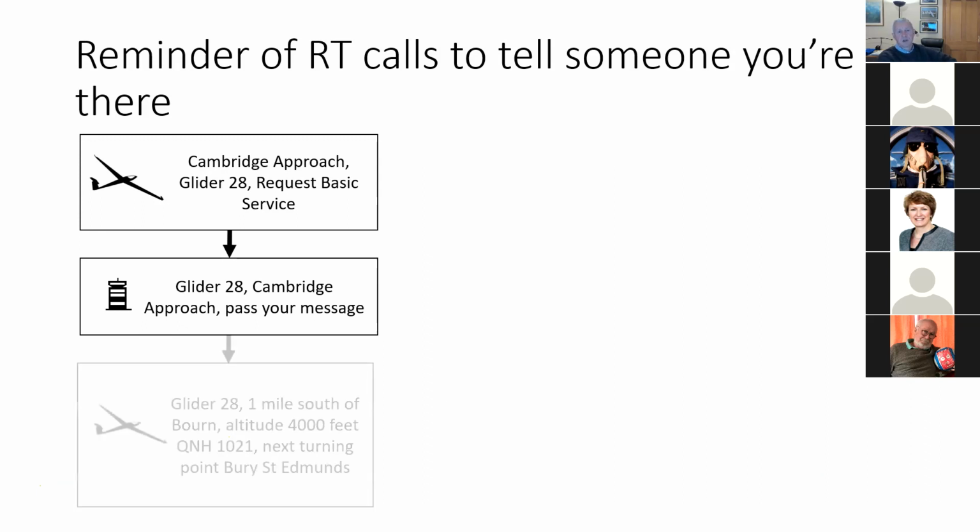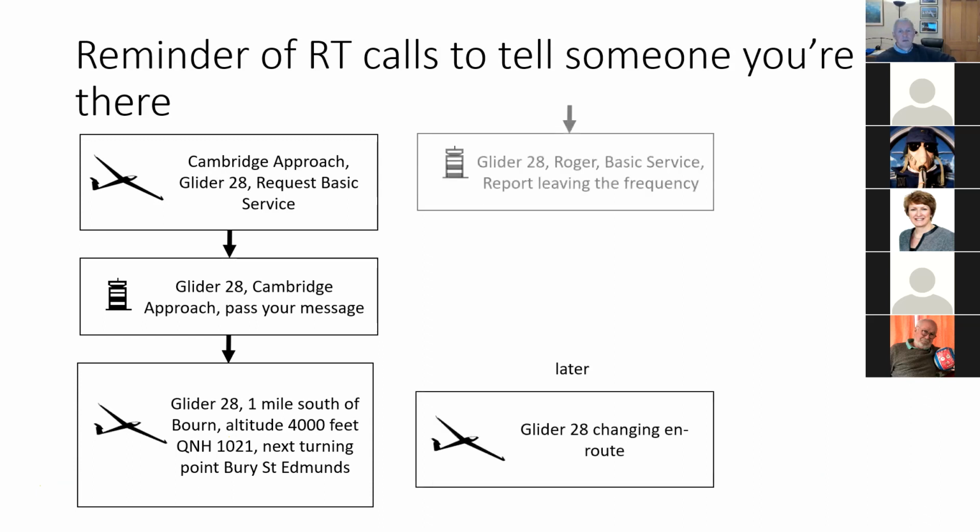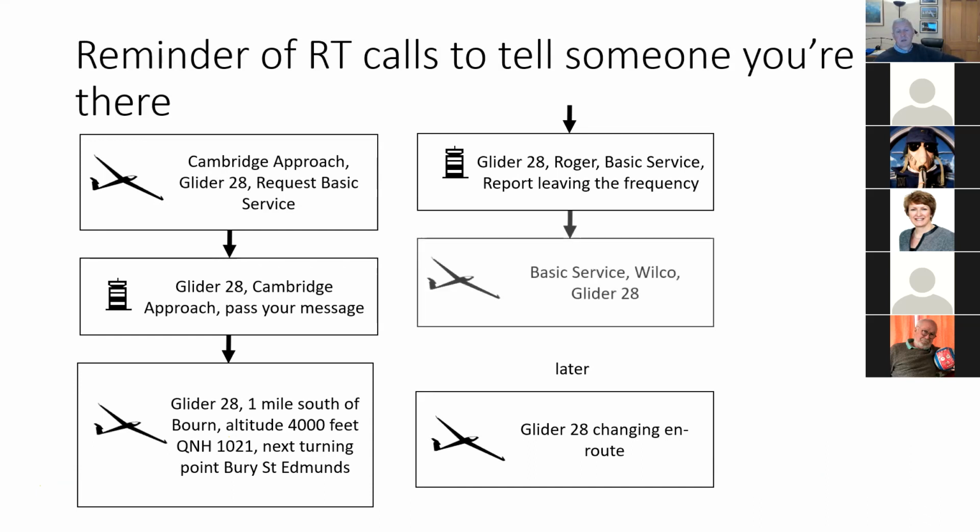Glider 28, Cambridge Approach, pass your message. Glider 28, 1 mile south of Bourn, altitude 4,000 feet, QNH 1021, next turning point Bury St Edmunds. Glider 28, roger, basic service, report leaving the frequency. And then a bit later, we say basic service, wilco, glider 28, and a bit later, changing en route. So it's not terribly hard.